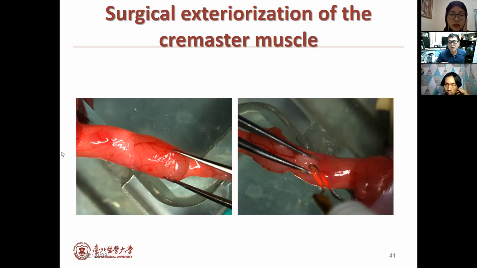In this case, we are going to watch the leukocyte rolling in the tissue, in the venules. So we find a muscle which allows us to easily image those vessels. We found one, the cremaster muscle, which surrounds the testicles.